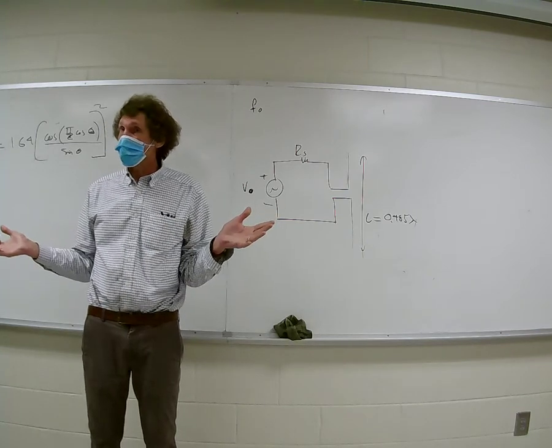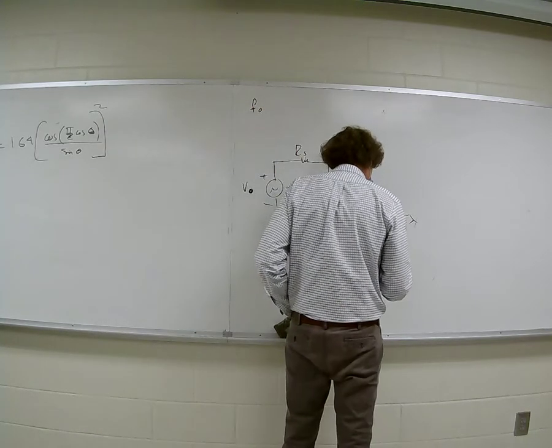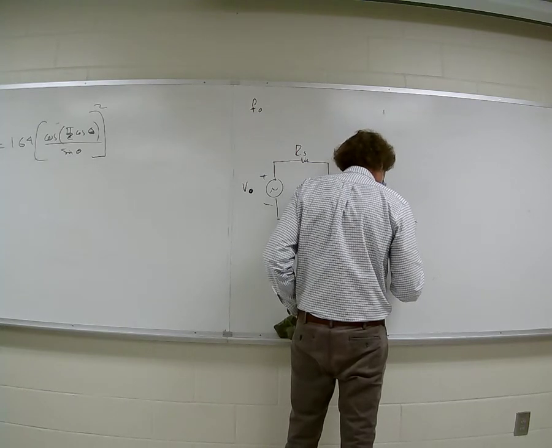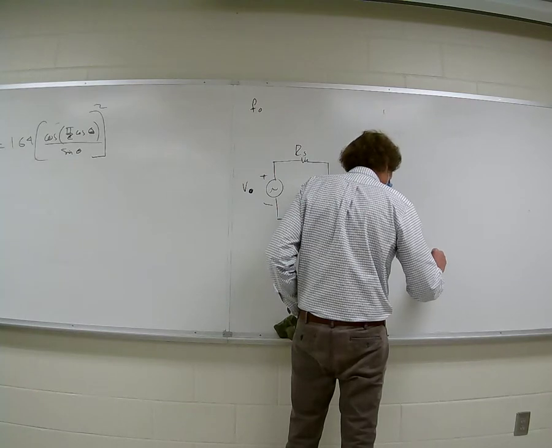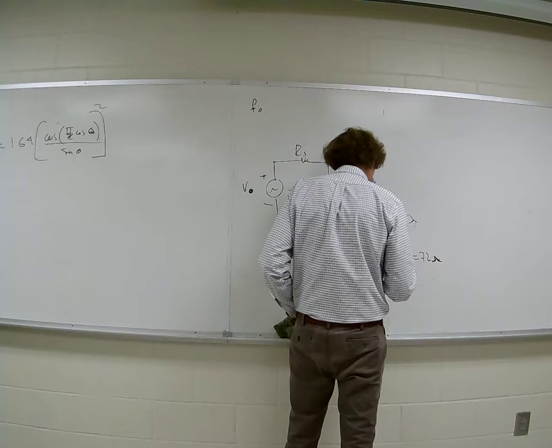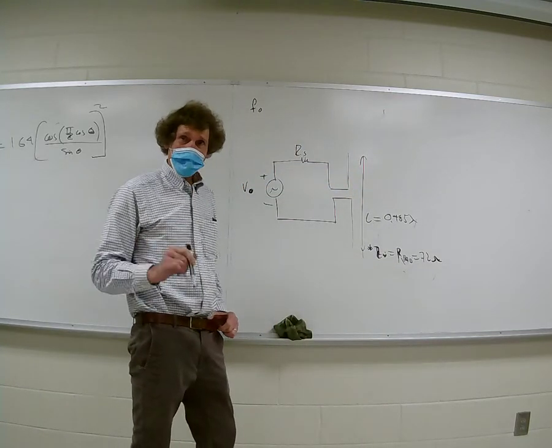So I make a little note to myself: now Zin, the input resistance, is just R rad, and it's equal to 72 ohms. I'm not going to try to trick you on any of these. That's the reason I made it 0.485. It's about that. In other words, it only has a real component.